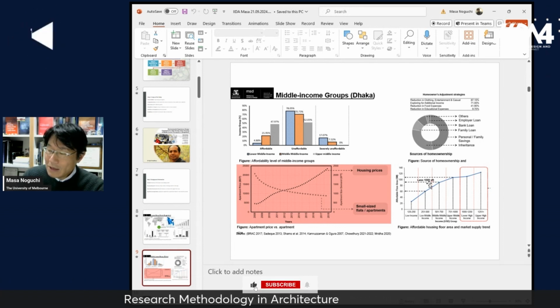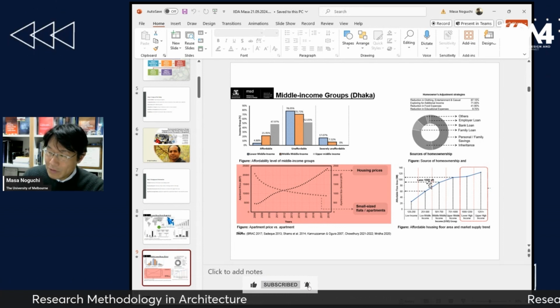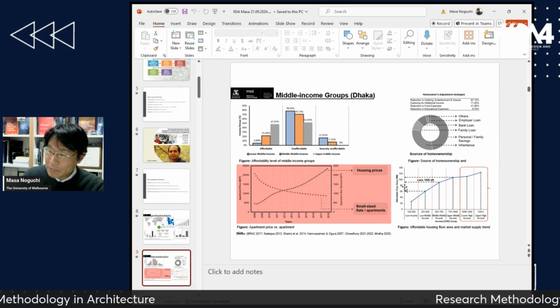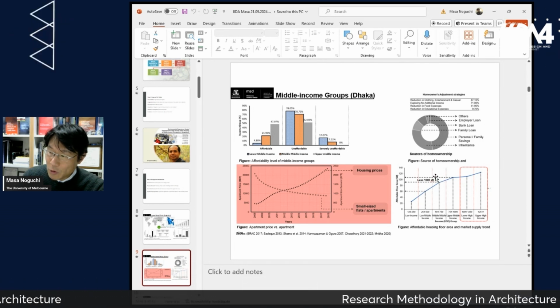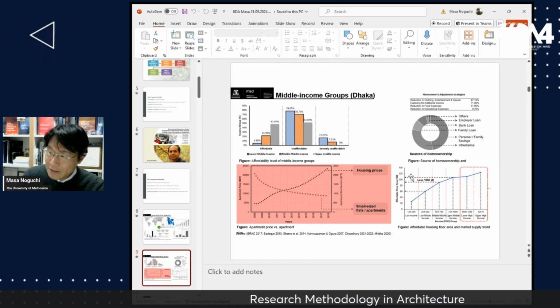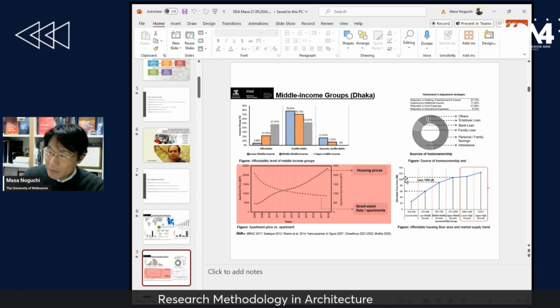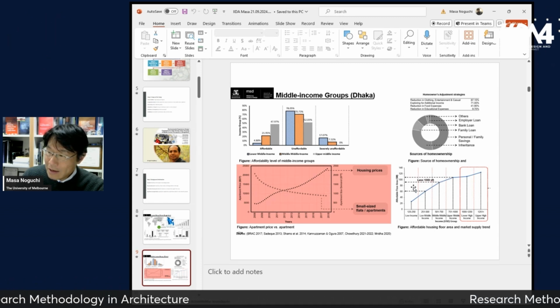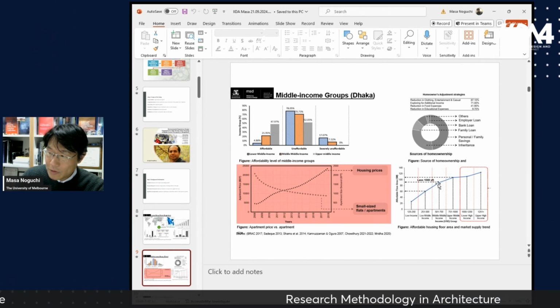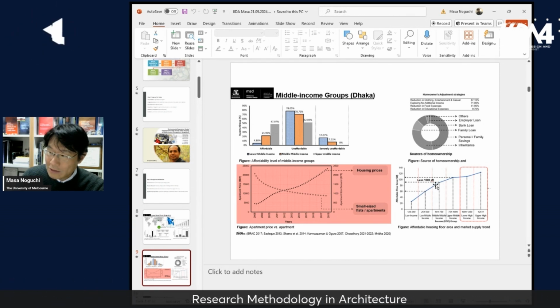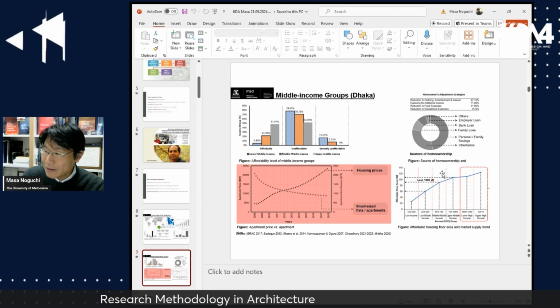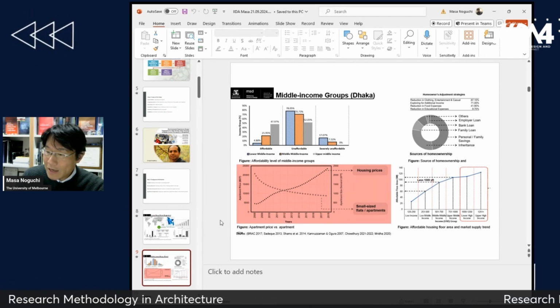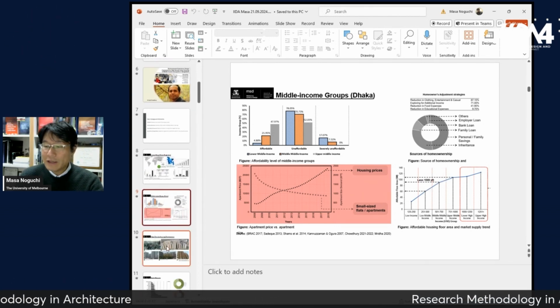Therefore, he aimed at exploring housing whose area is less than 120 square meters, or 1,200 square feet. So that is the background information he gathered.